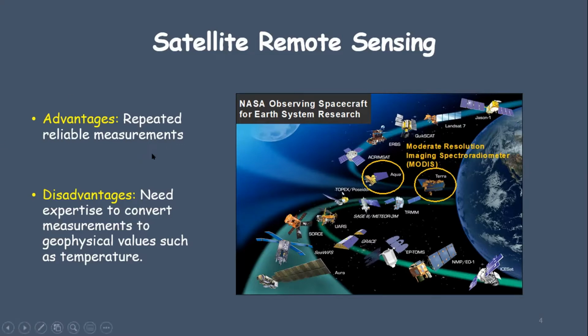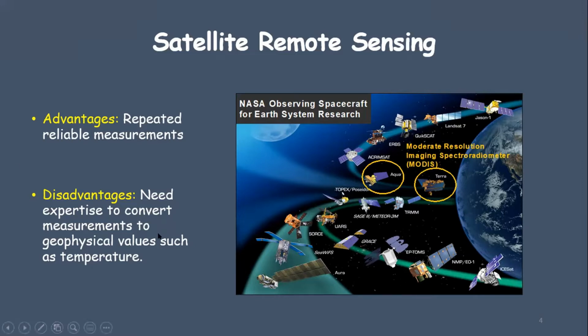Repeated reliable measurements mean that once a satellite is launched into outer space, whether geostationary or polar orbit, when it is revolving around the Earth, it captures images repeatedly, depending on its temporal resolution.